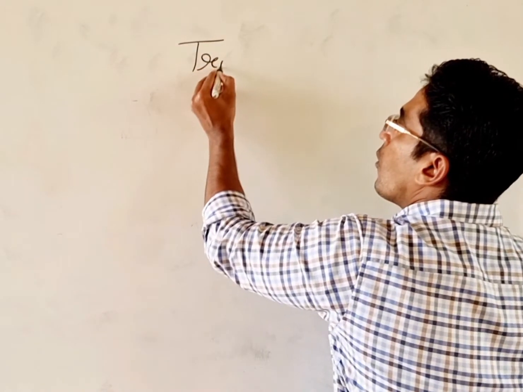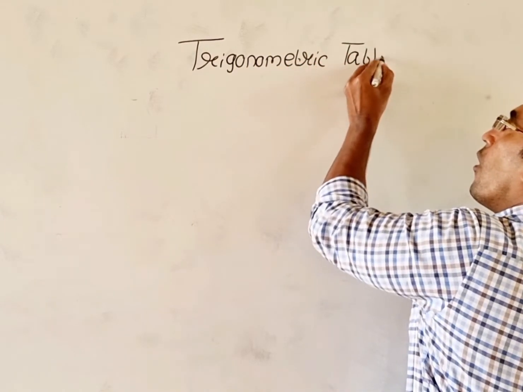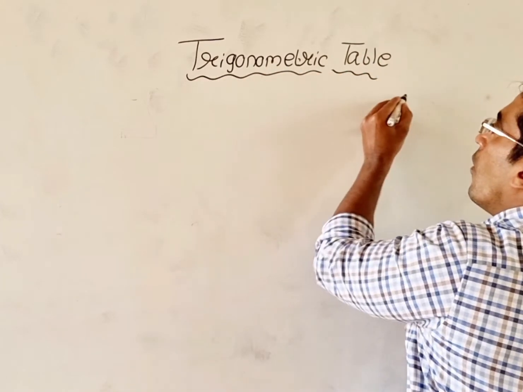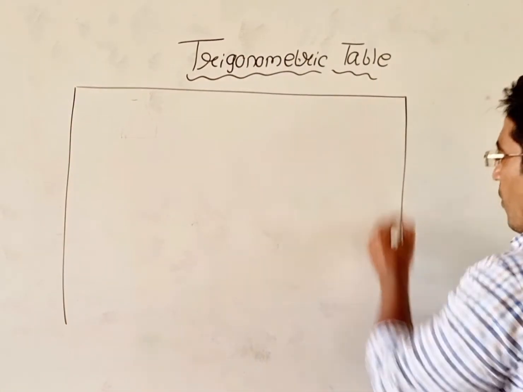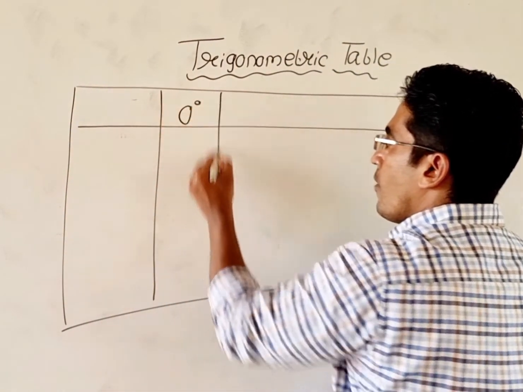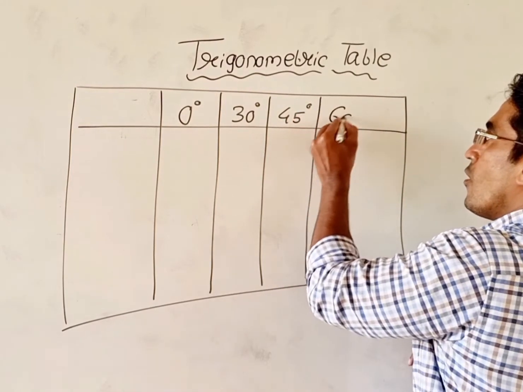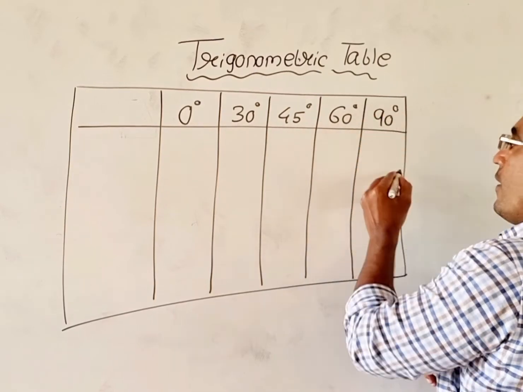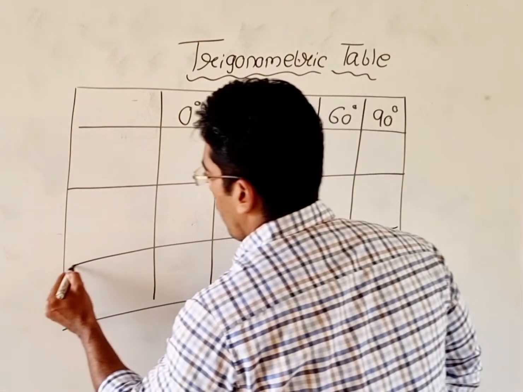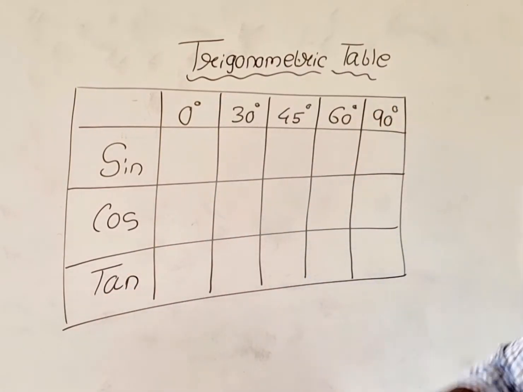Those are 0 degree, 30 degree, 45 degree, 60 degree and 90 degree. Sine, cos, tan.